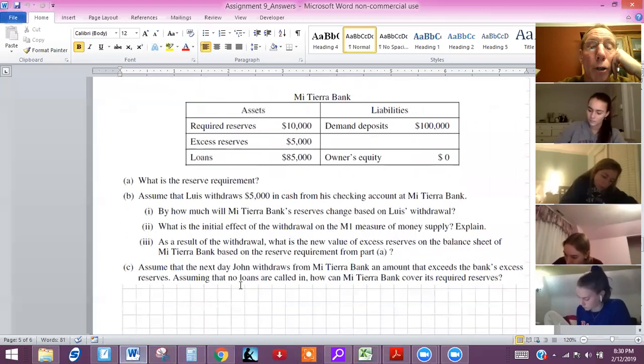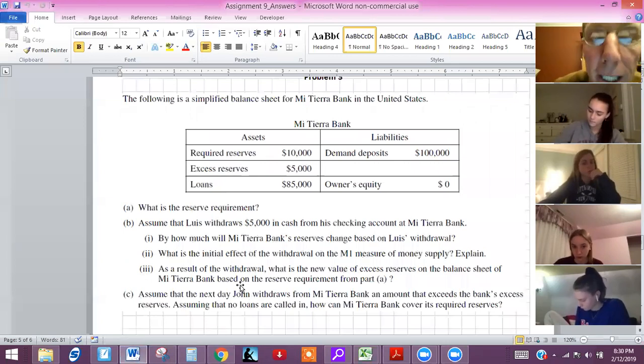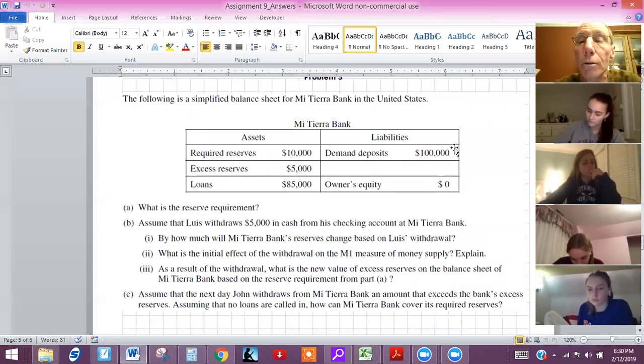Now what's going to happen? Lewis, who's a customer at the Mi-Tierra Bank, is going to withdraw $5,000 in cash from his checking account, and that's going to come out of this number right here, which is demand deposits.